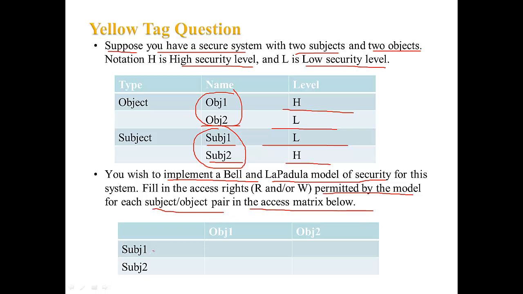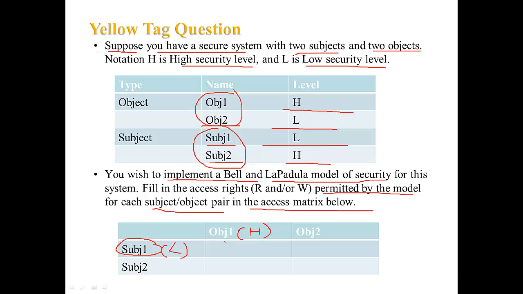Let's determine whether subject 1 can read and write object 1 or object 2. First, let's compare the level of subject 1 with the level of object 1. Subject 1's level is L. Object 1's level is high.